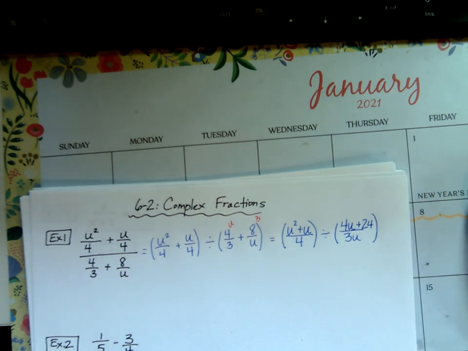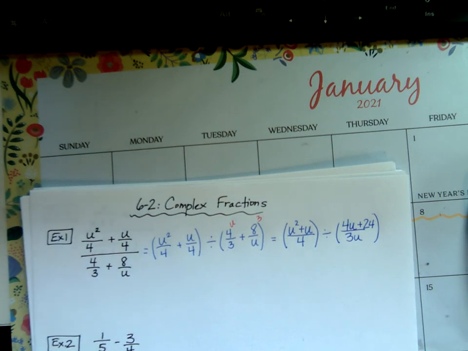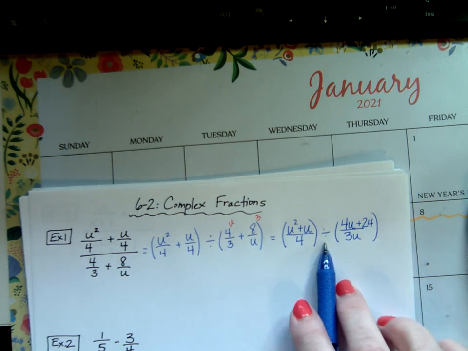You're going to have to throw me in the chat if you get lost on what I'm talking about, because there's a lot to these. All right, so far all I did was get common denominators within the two sets of fractions. And then the next thing I do once I have that is keep change flip, right? I have a division problem with fractions.